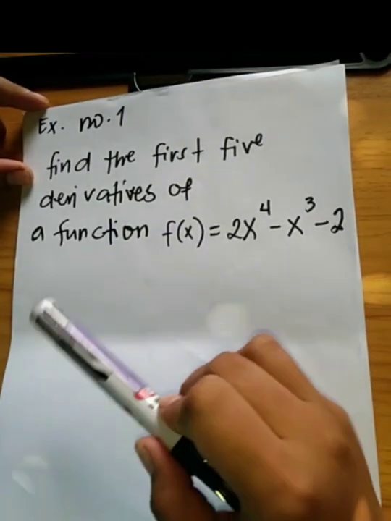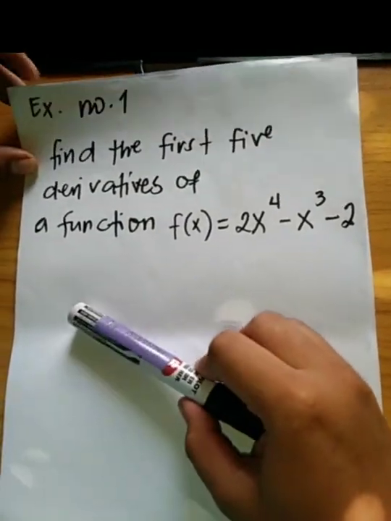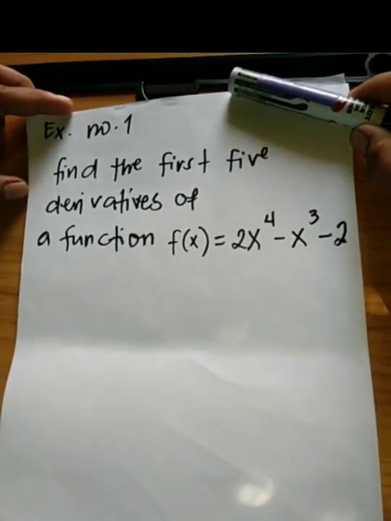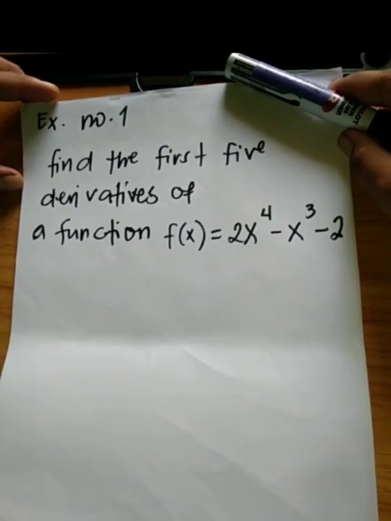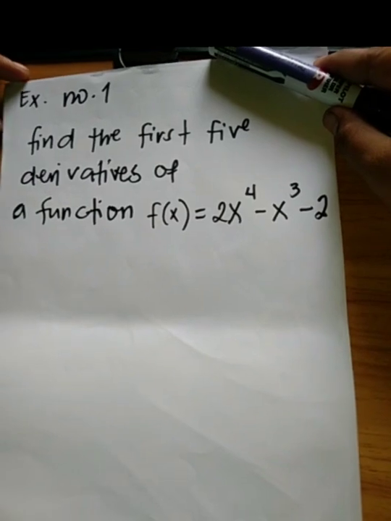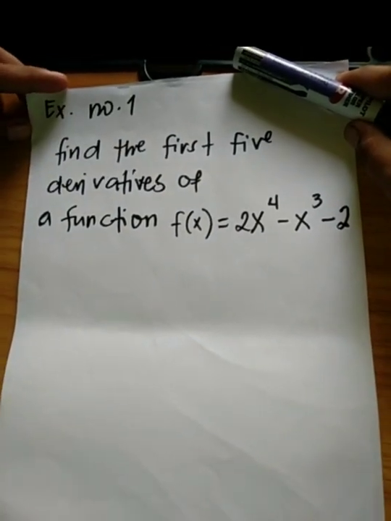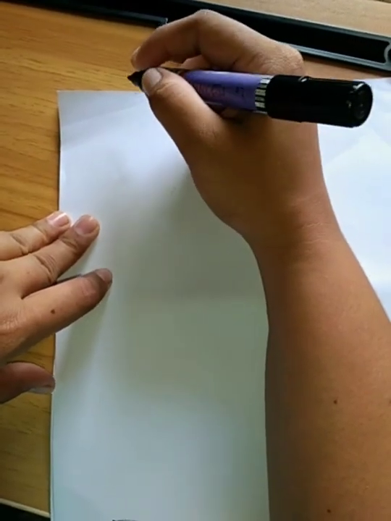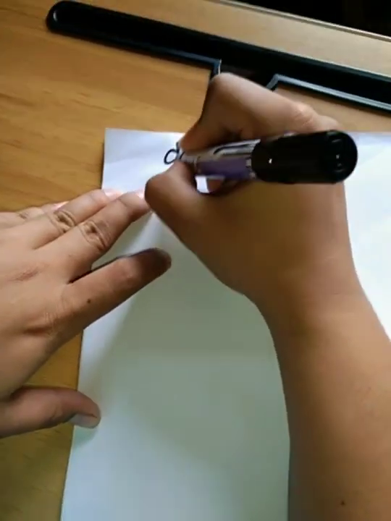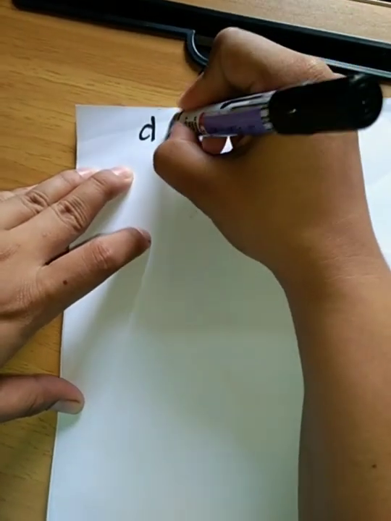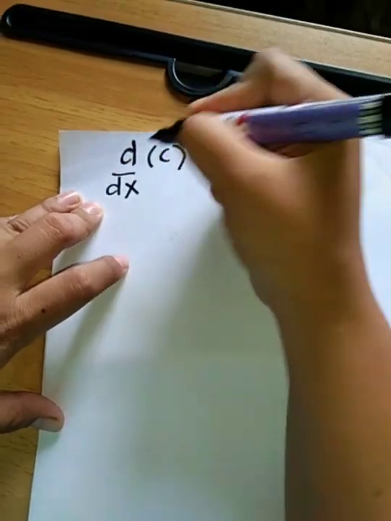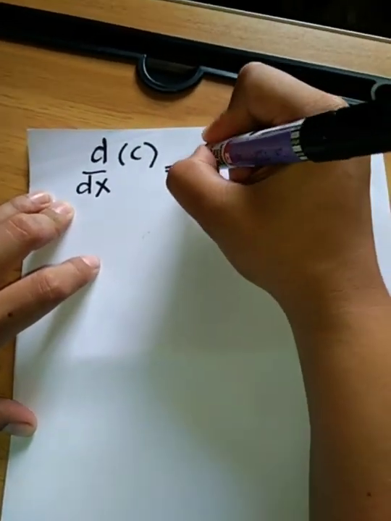But before we proceed on getting the first 5 derivatives of this function, I will first discuss the 2 rules that I am going to apply to get these derivatives. First, it is the constant rule. The formula for the constant rule is the derivative of c in terms of x is equal to 0.